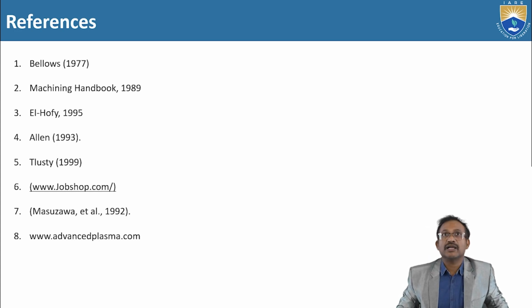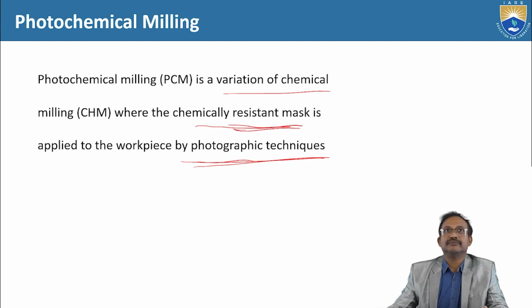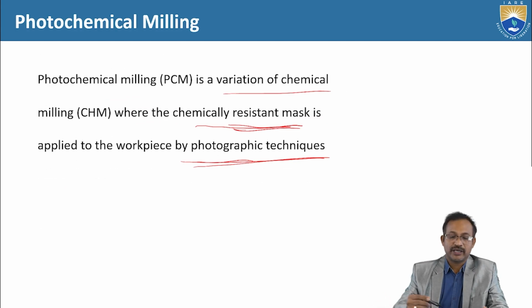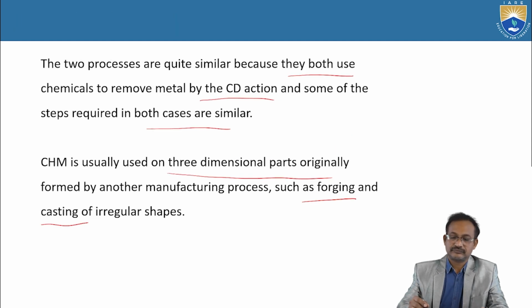Before concluding, let me reiterate certain important points. Photochemical milling (PCM) is a variation of chemical milling where the chemically resistant mask is applied to the workpiece by photographic techniques.